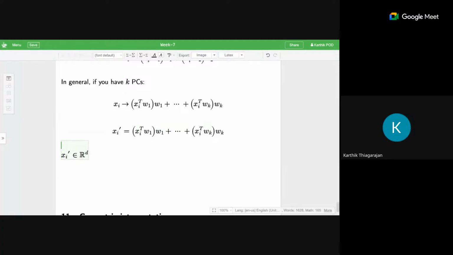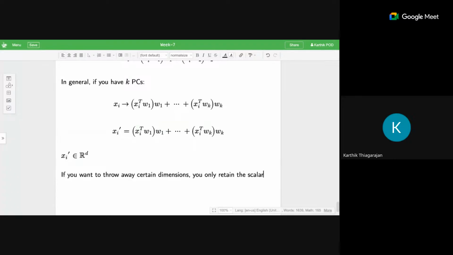Finally, if you want to throw away some dimensions, you only retain the scalar projections along the first k directions.